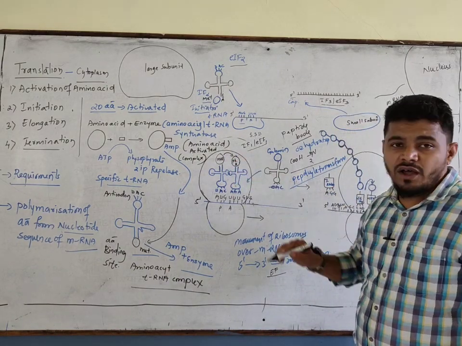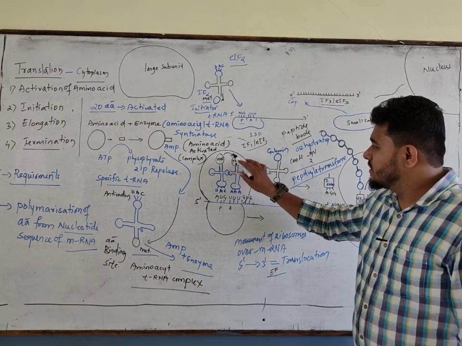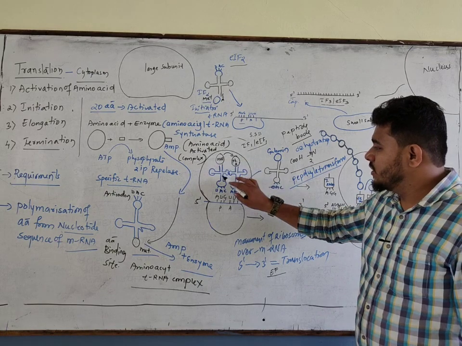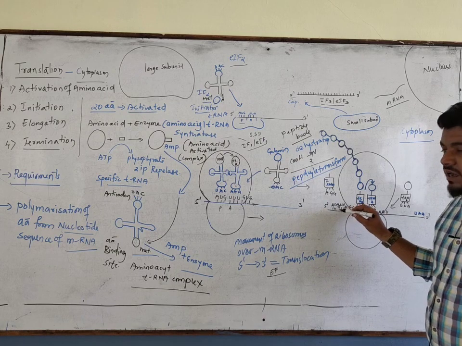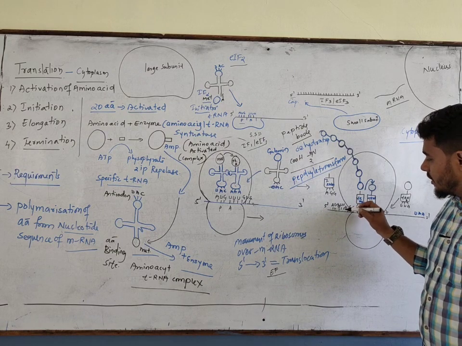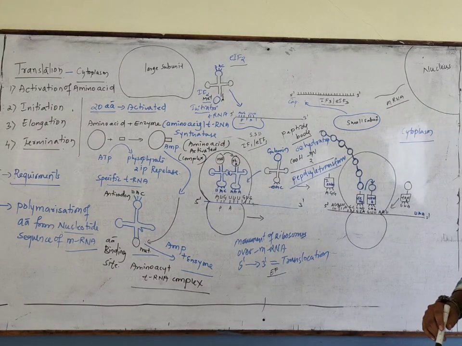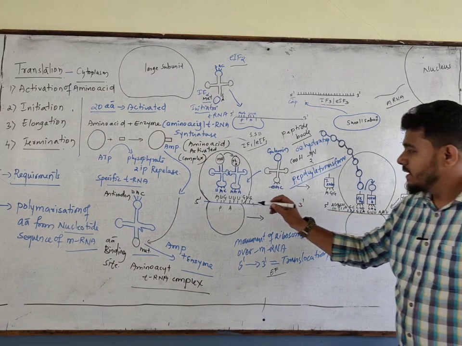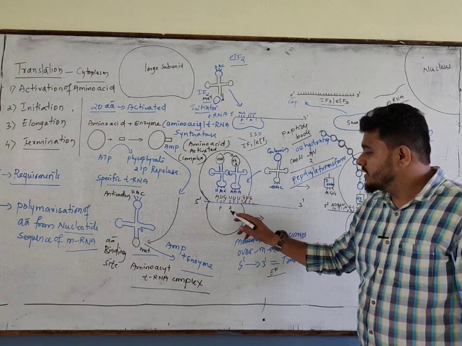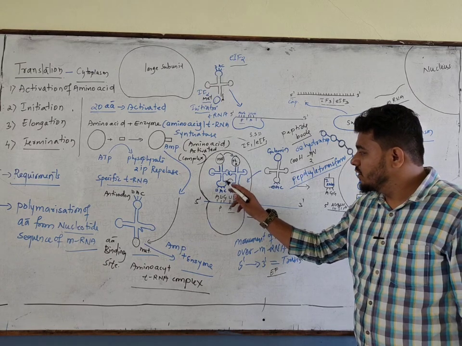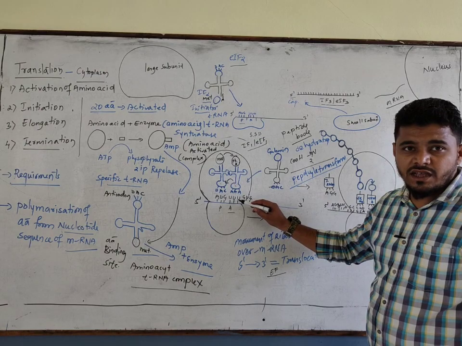There is a formation of a peptide bond between the amino acids. When this amino acid is put on here, it will separate. When these codons come out, the tRNA goes back into the cytoplasm. Next, the tRNA present at the A site will shift to the P site, and the next codon will enter inside the ribosome.